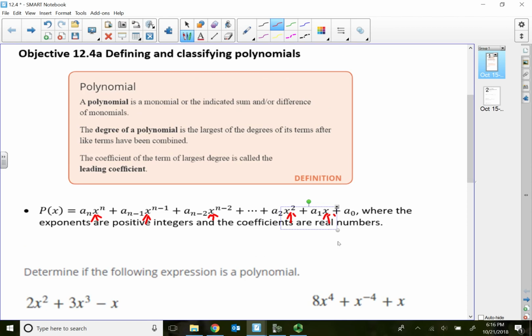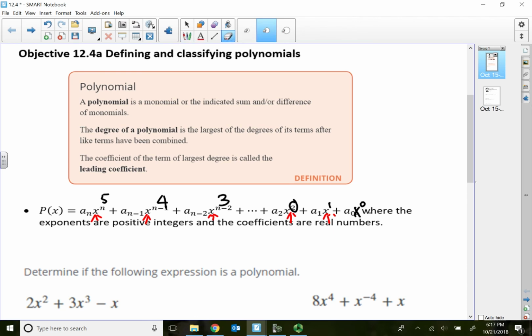Basically, what we normally do with a polynomial, if the exponent is 5, then the next one after that should be 5 minus 1, which is 4. Then the one after that should be 3, 2, 1 power, and the last one is actually x to the 0 power. But as you can recall, anything to the 0 power is always 1 anyway.